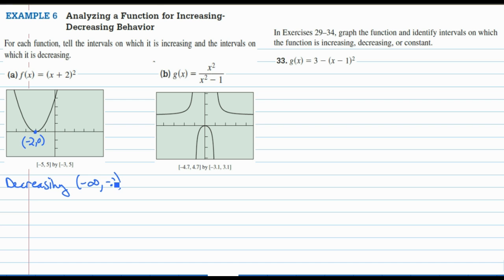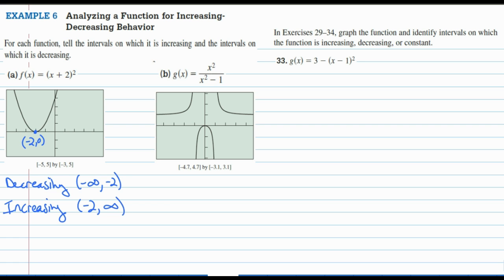It's hard to say whether -2 is included in the decreasing part or the increasing part, because can you be increasing and decreasing at -2? No. So I just leave it out and use the parentheses. Now to continue on, from -2 all the way out to positive infinity, the function is moving up. So it is increasing from -2 to infinity.